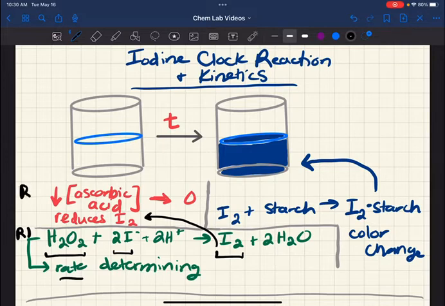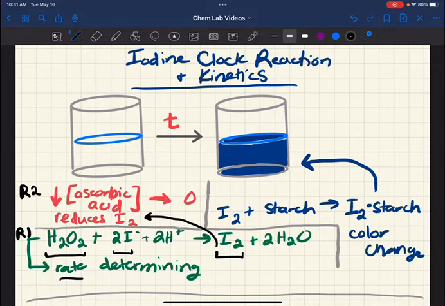We'll call the ascorbic acid reaction R2. And we'll keep a constant concentration of ascorbic acid in solution so that the only thing we're modulating are the concentrations of hydrogen peroxide and iodide so that we can see their impacts on the overall rate of the reaction.